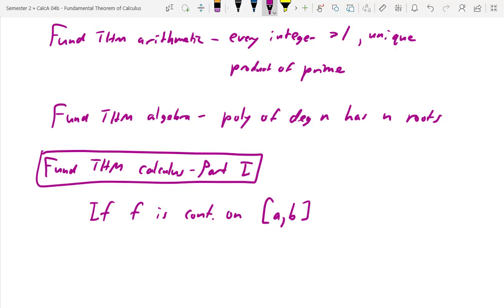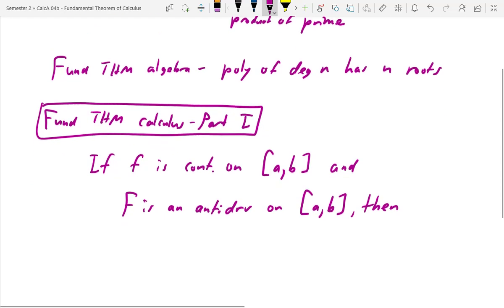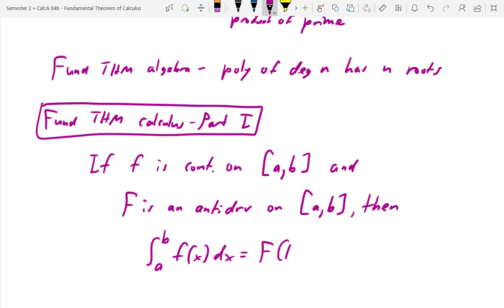If f is continuous on the closed interval a to b, and capital F is an antiderivative on that same interval, then the integral from a to b of f of x dx is equal to F of b minus F of a, capital F of b minus capital F of a.